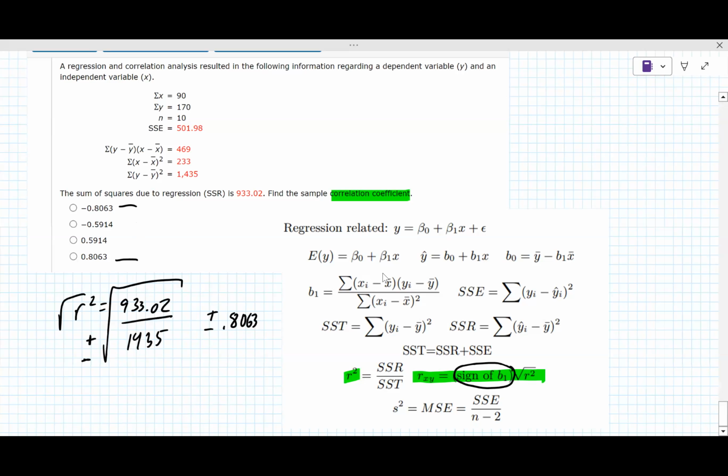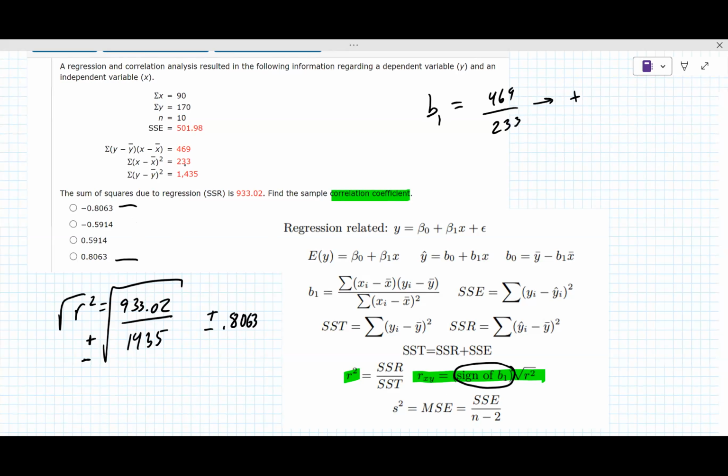So B1, we did that before. B1 is 469 for the numerator. Notice this formula has i's, xi's, and the ones that are given do not. It should, but it doesn't. Then the bottom number is 233.